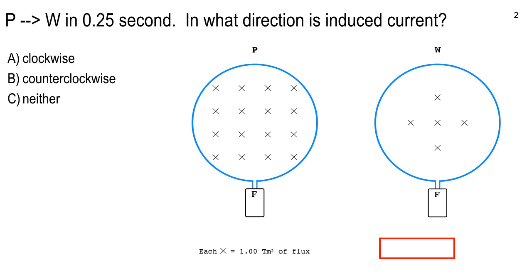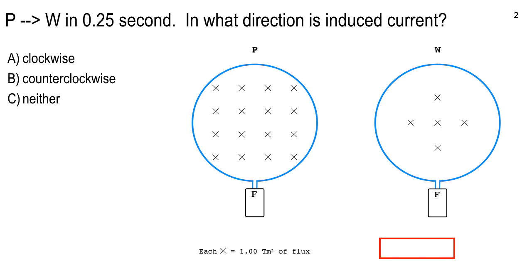We go from a lot of inward field lines. We got 16 of them. And according to the key down there at the bottom, that's 16 Tesla meters squared of flux. And then from there we go to W, which is 5 Tesla meters squared of flux in a quarter of a second. So we're losing X's.